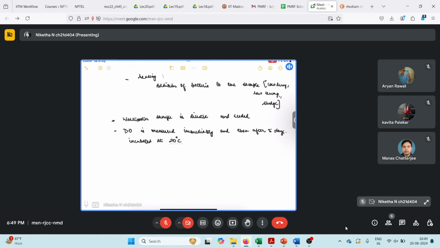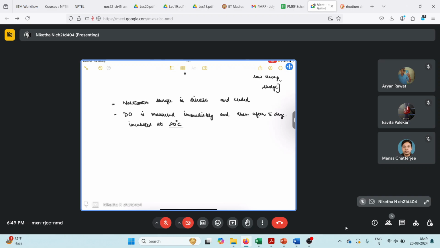So at this temperature, we will keep our samples for 5 days, and we will measure the DO of the sample after the end of 5 days, and then we will calculate the biochemical oxygen demand. So in case we want, instead of taking the sample after 5 days, we can even take the sample after 3 days at a higher temperature, that is around 27 degrees Celsius.